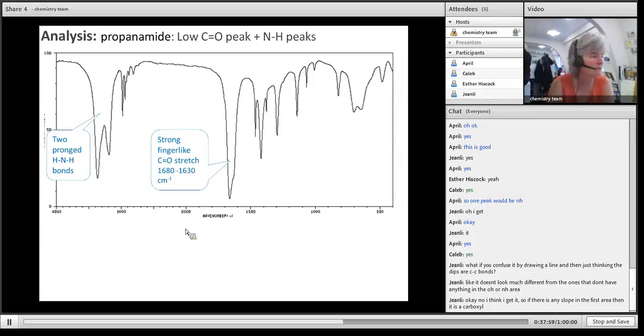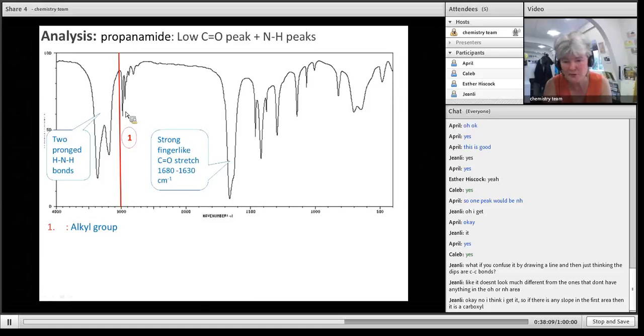Okay, but if we follow in our normal pattern, you look for 3000. Now, I do actually have an alkyl group. Doesn't look like much, but you do have peaks round about 2900. So you will have CH bonds because there are peaks there. Okay, they're not perhaps as strong as what you've seen before, but we still have CH.